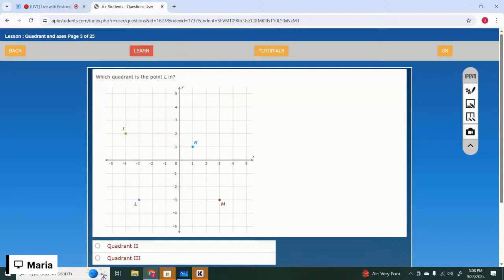Which quadrant is the point L in? Yes, point L is in quadrant 3. Option number 2 is the correct option.